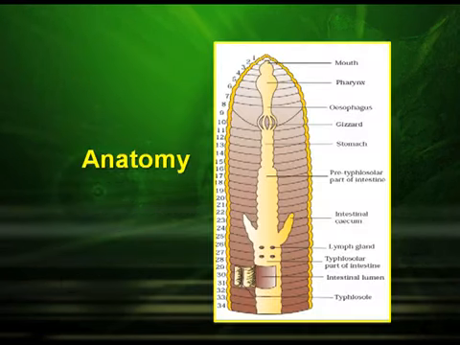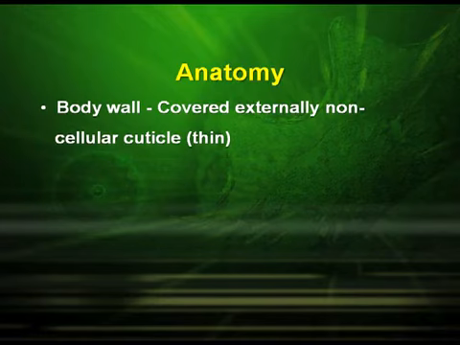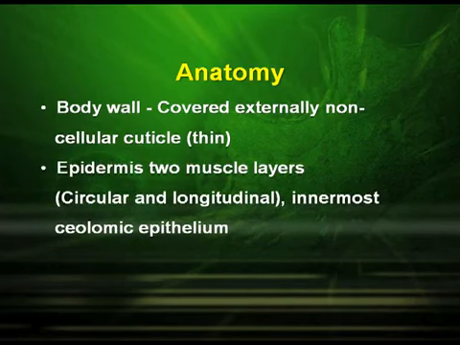Anatomy of earthworm, or the study of the internal structures of earthworm. The body is covered externally by a non-cellular, thin cuticle. Below that is the epidermis and two muscle layers which are circular and longitudinal, and they have an innermost coelomic epithelium.